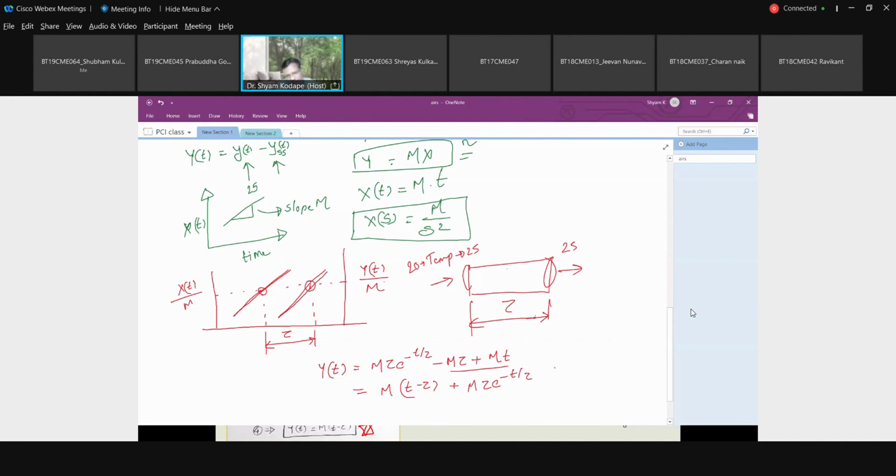So when time t tends to infinity, the exponential term will decay, so it will vanish.